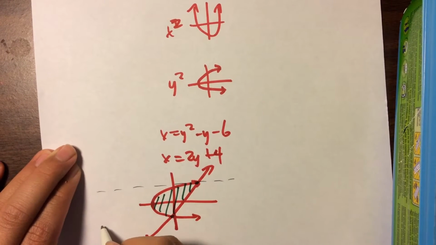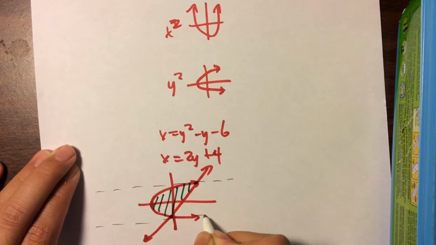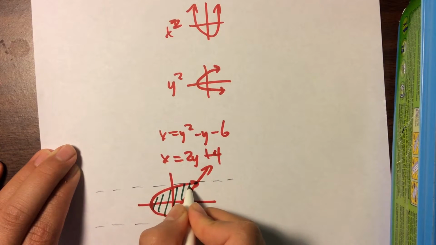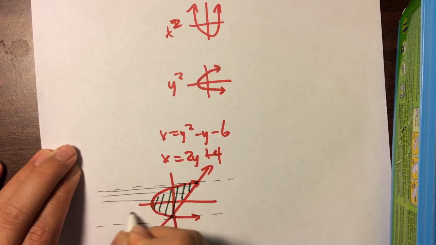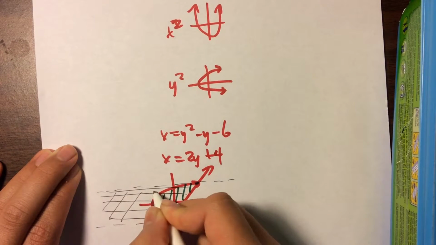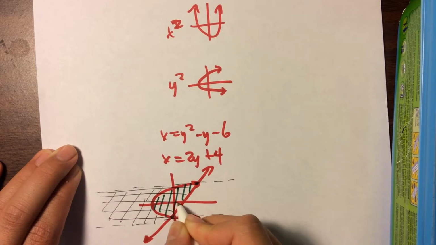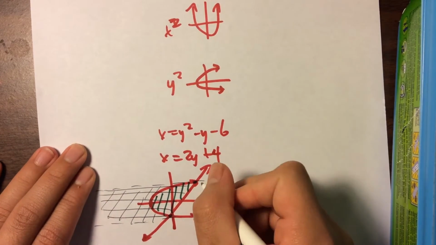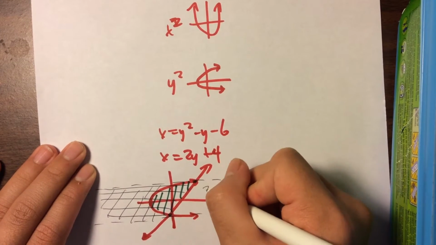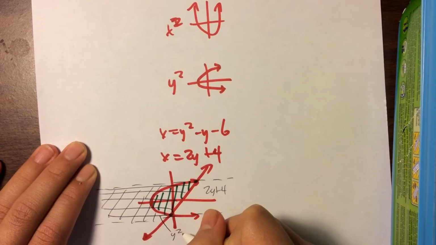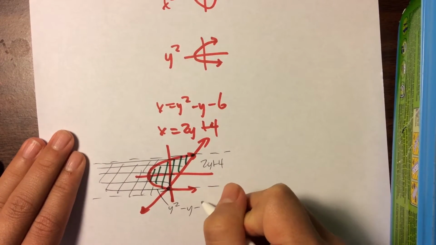And same here. So now, the higher value would be this one, minus the lower value, which is this one. And then that would leave us with the green. So then, our higher one is 2y plus 4, and the lower one is y squared minus y minus 6.